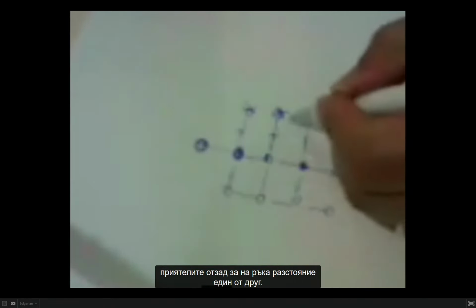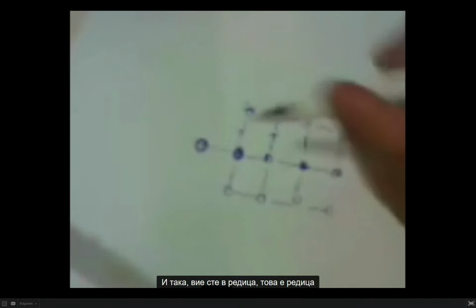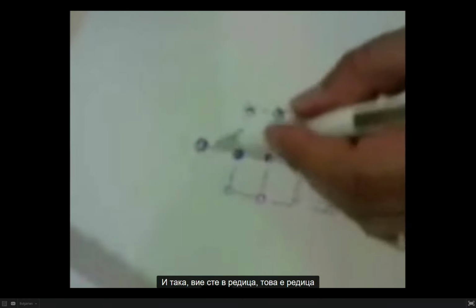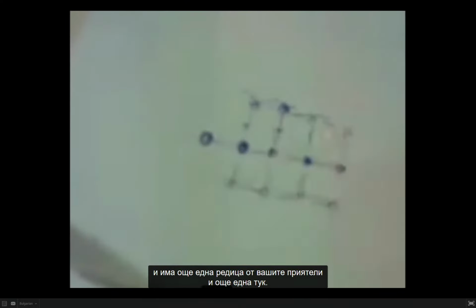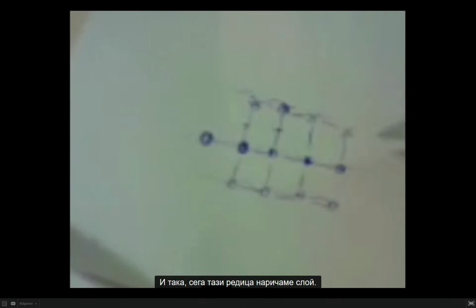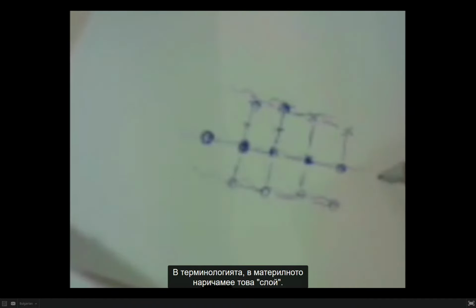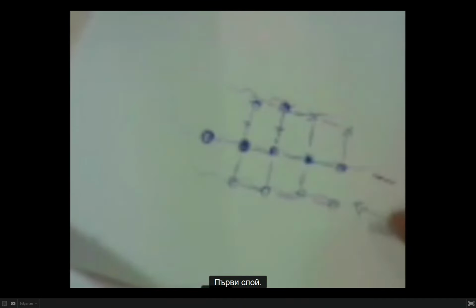The friends in the back are arm length from each other. So you are in a row. This is the row. And there is another row of your friends there, another row there. So now we call this row one layer. In terminology, in the electronic or in the material, we call it a layer. So it's layers of you. Layer 1, layer 2, layer 3.